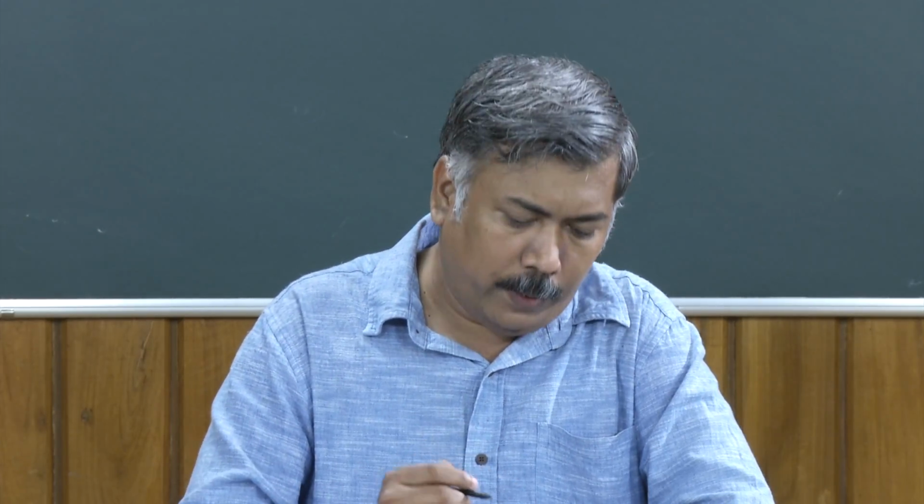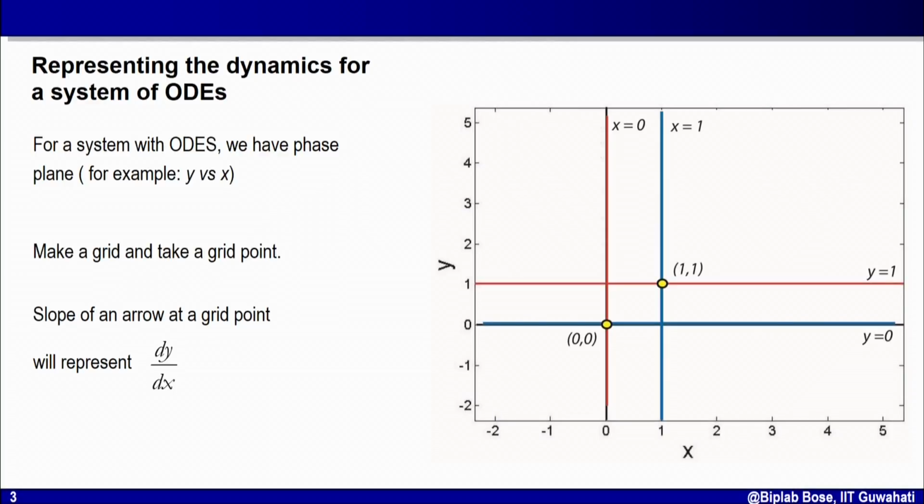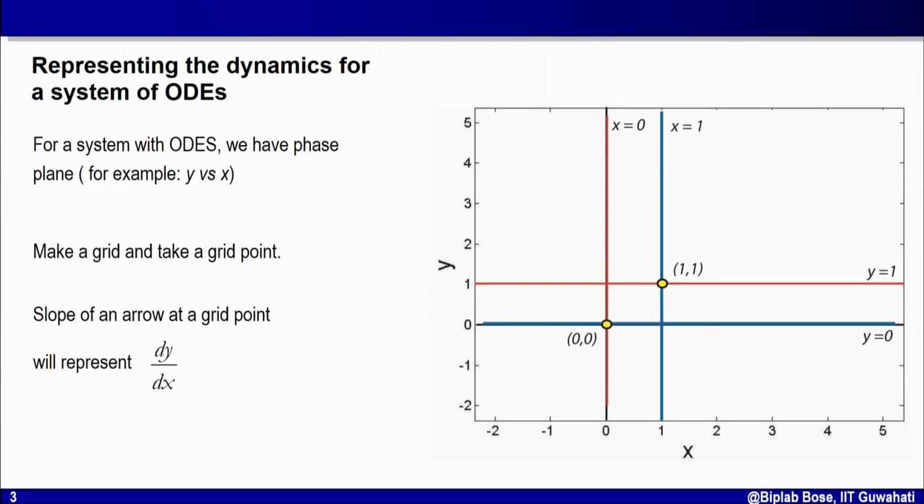What we will use is a phase plane. If you remember, suppose I have two dependent variables, x and y. That means I have two differential equations, one giving dx/dt, the other dy/dt. For this two-dimensional system, I can draw a phase plane with x on the horizontal axis and y on the vertical axis.